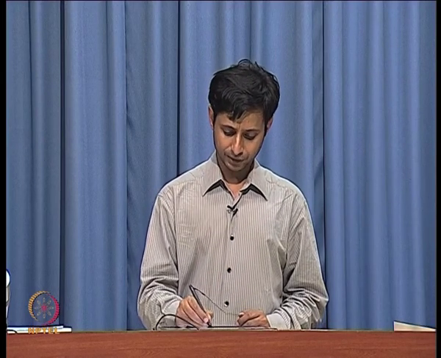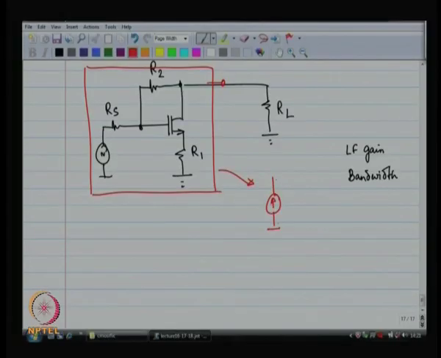So, if I can model this as a Norton current source and an output resistance, then I can find out the gain very easily, right. The gain is IN, output voltage is IN times R out in parallel with RL, fine.